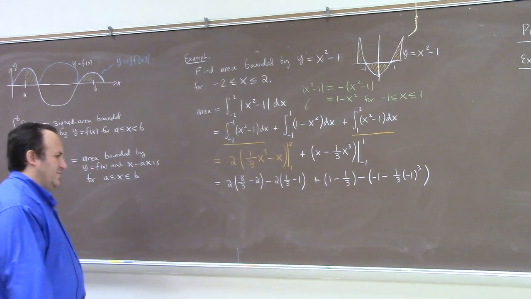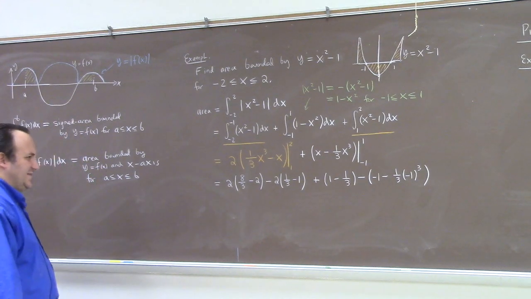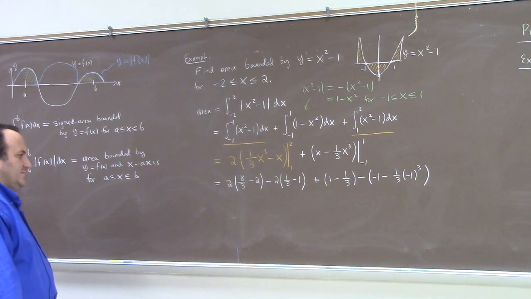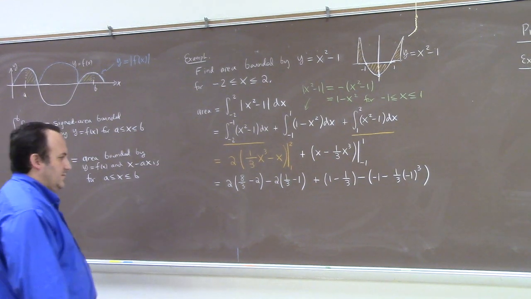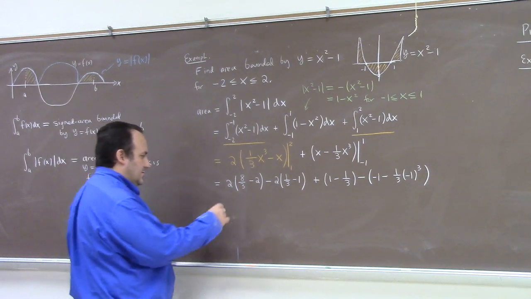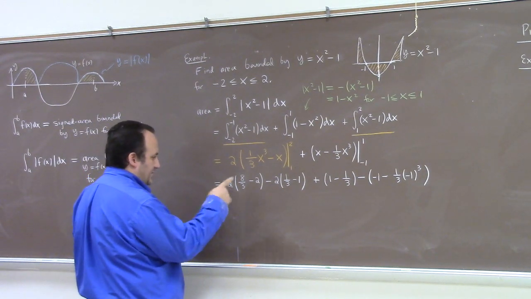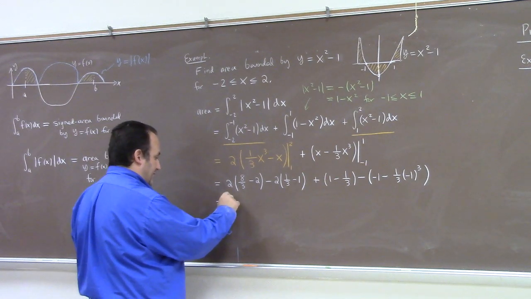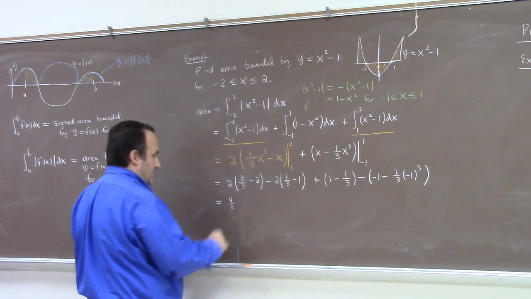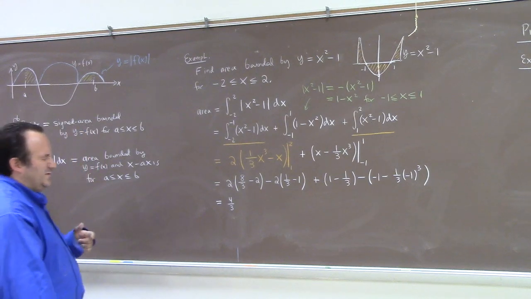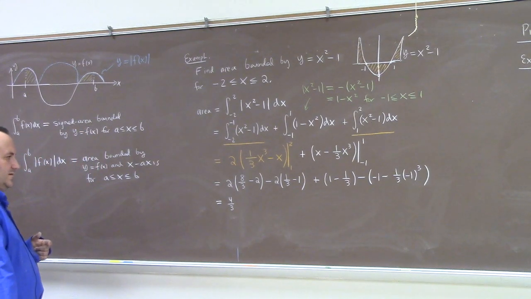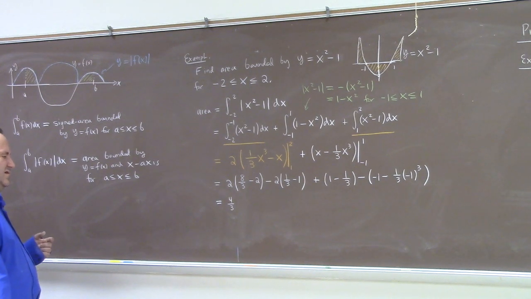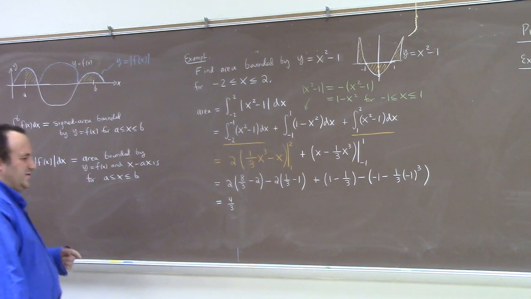You've got to be super careful with the minuses. It's so easy to make a mistake on those. Let's see here. 8/3 minus 2. That's 8/3 minus 6/3, so that's 2/3. I got 4/3 from the first one. 1/3 minus 1 is minus 2/3. So that's also plus 4/3.